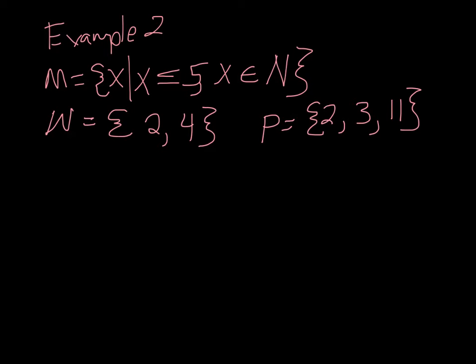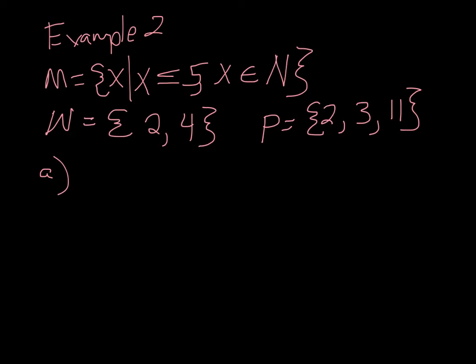So I've got 3 sets there, and I could ask the question, which of the sets are subsets of M? Okay, so M is the set of all natural numbers that are less than or equal to 5, and W is the set that contains 2 and 4, and P is the set that contains 2, 3, and 11. So which sets are subsets of M?